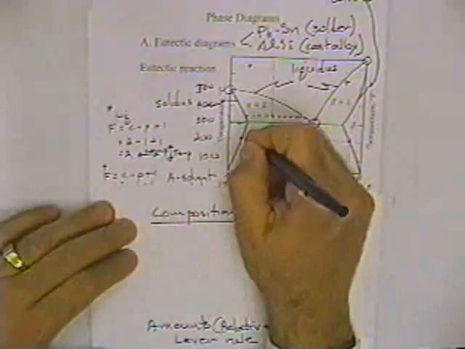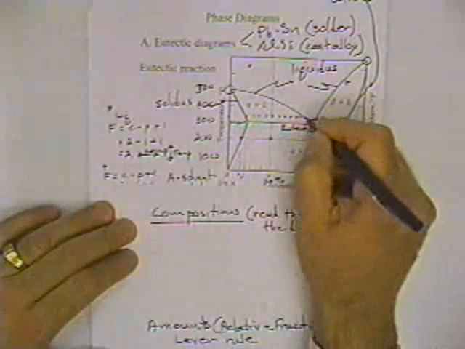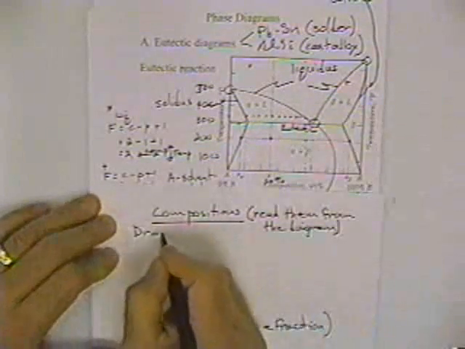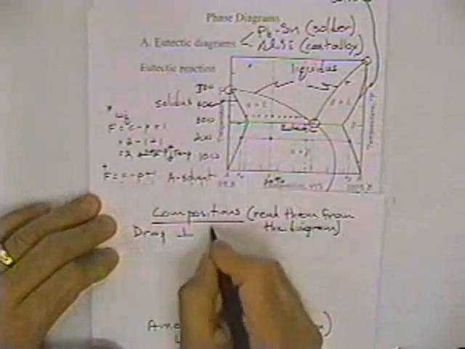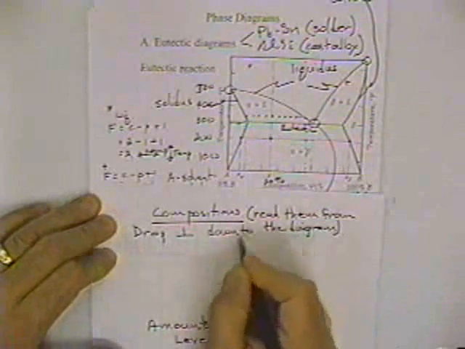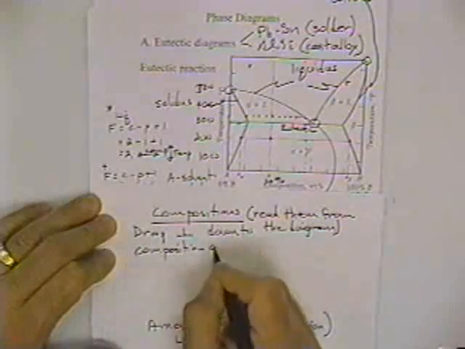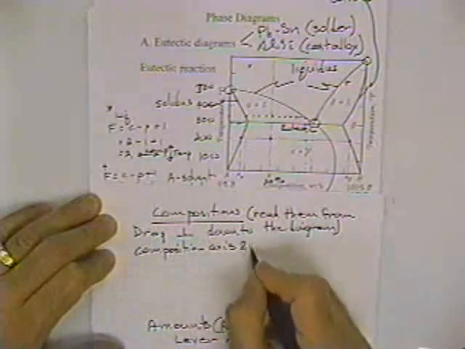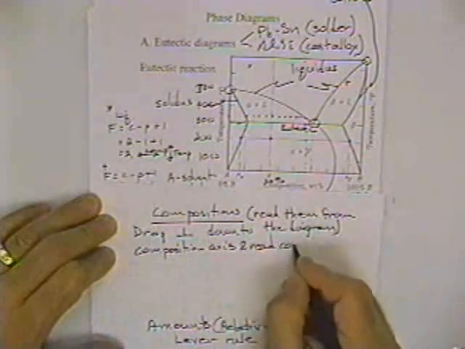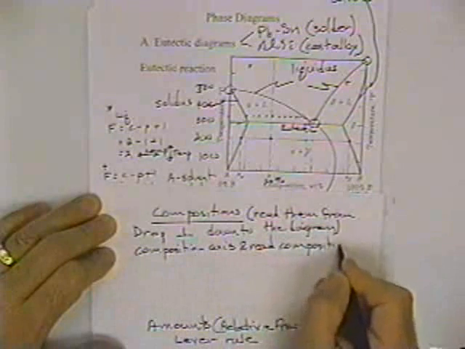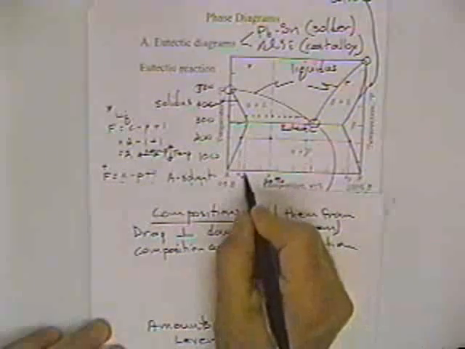So now we have composition. We simply drop a perpendicular down to the composition axis, perpendicular, and read composition. So in this case, if that's 30%, this looks like it might be maybe 10%.